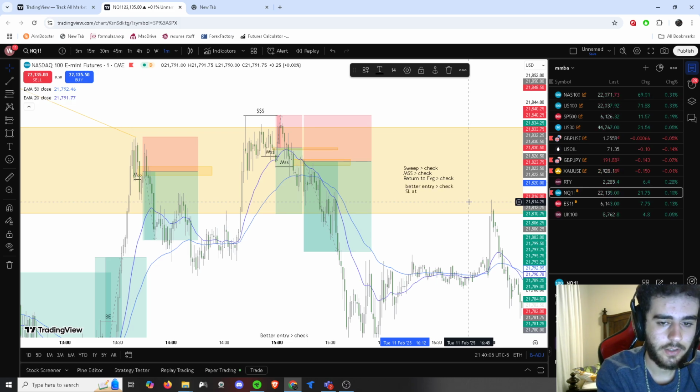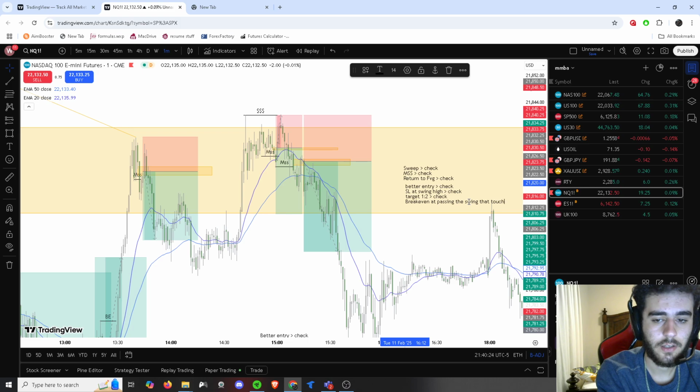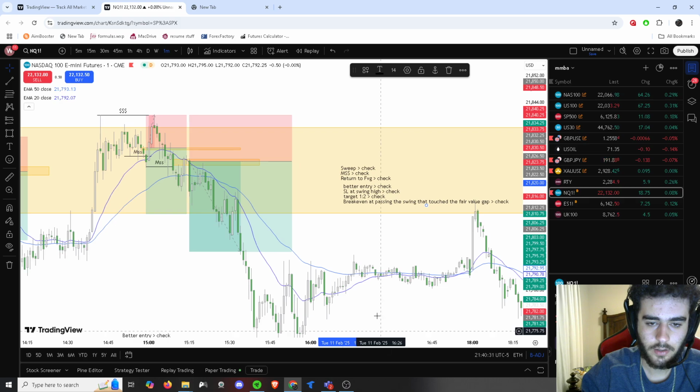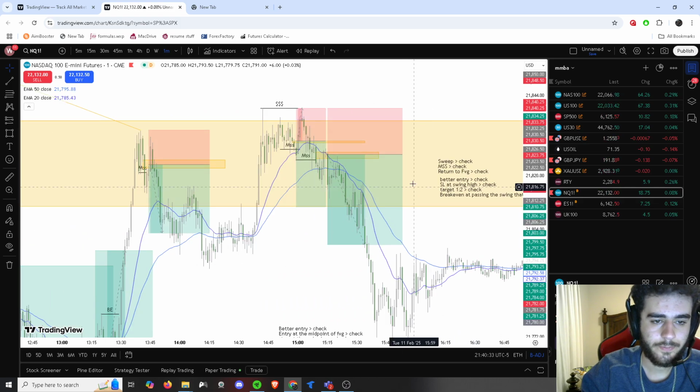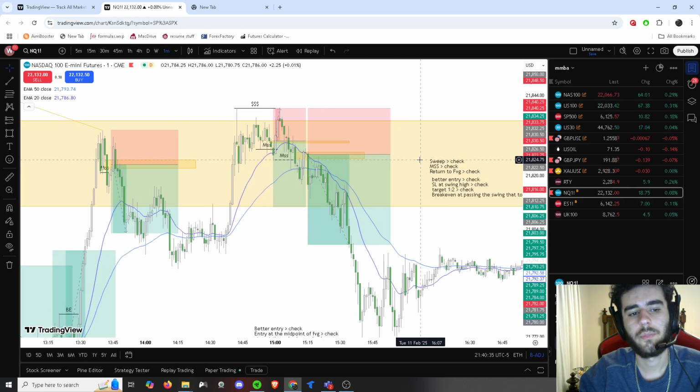Stop loss at swing high. Check. Target 1 to 2. Check. And break even at passing the swing that touched the fair value gap. Check. There you go. Pretty intuitive, right?